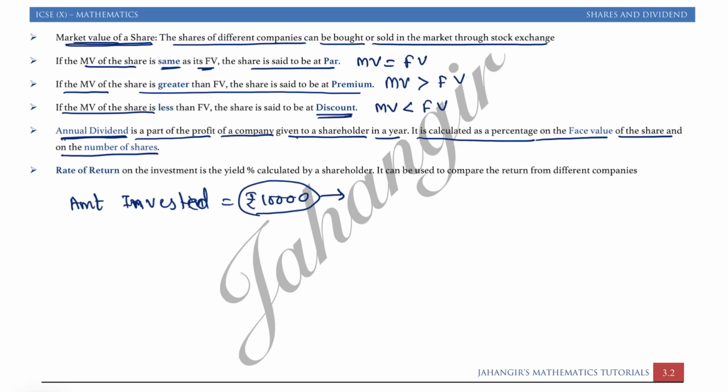Shareholder means we people who are buying the shares of a company. Why are we buying shares of, let's say, Reliance or Tata? Why are you putting your money into it? To get some income periodically. That income you get as a dividend, and that dividend is calculated on the basis of the face value. The company declares 30% dividend, 40% dividend, 10% dividend. This percentage is always calculated on their fixed value, that is face value.